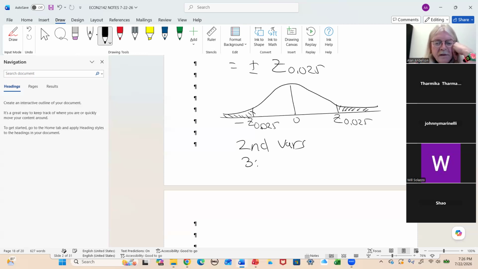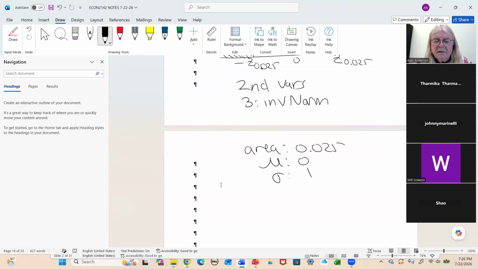Number 3 is invNorm. And it's going to ask for area, meaning left tail area, mu and sigma. And that gives us negative 1.96. Okay.